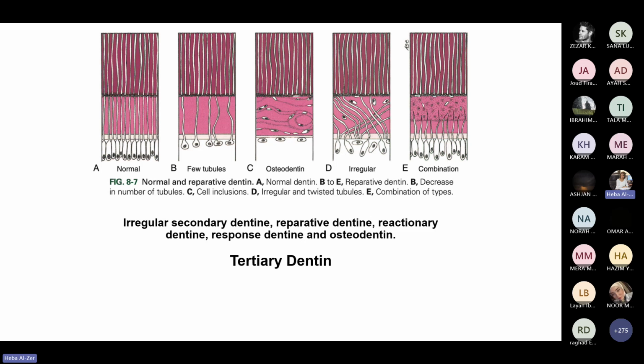Sometimes we'll have weird-looking tubules in different directions with cells inside, and sometimes the odontoblasts actually die, and what happens is some kind of sclerotic dentine inside without tubules. There are no tubules at all. It's structureless with cells, dead cells inside, and some mineralized tissue.